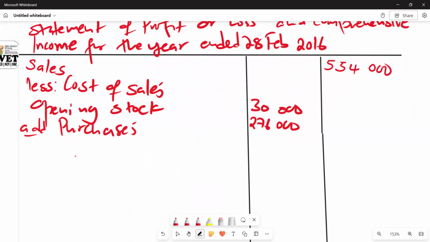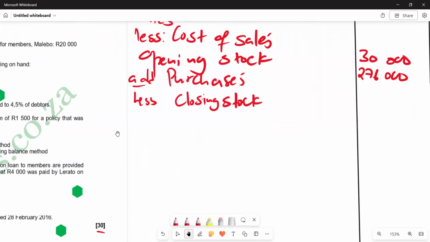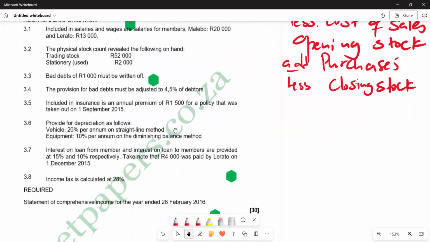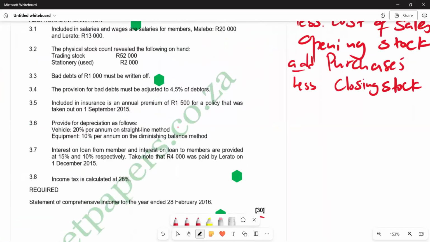So from there, we are going to less our closing stock. And the closing stock, you always find it in the additional information. You will see that trading stock is here, which is 52,000.